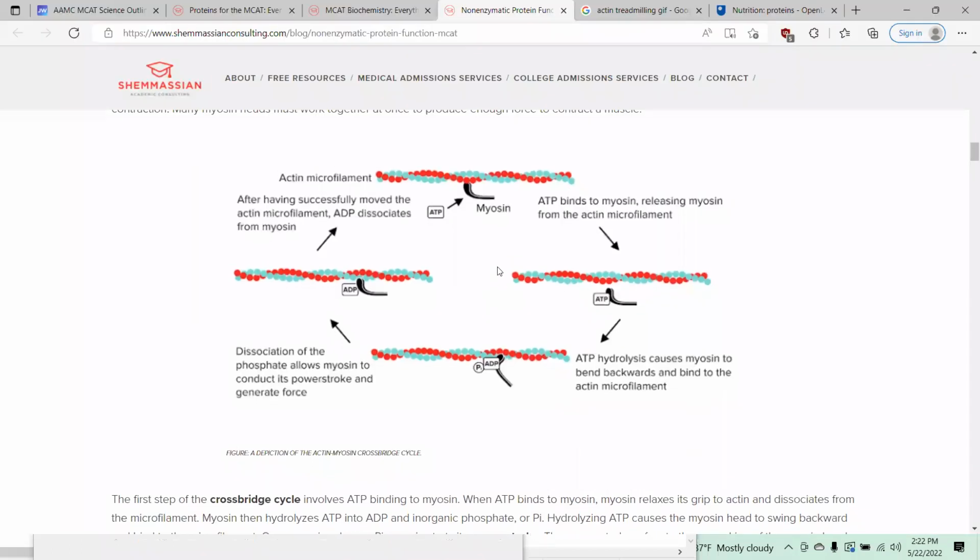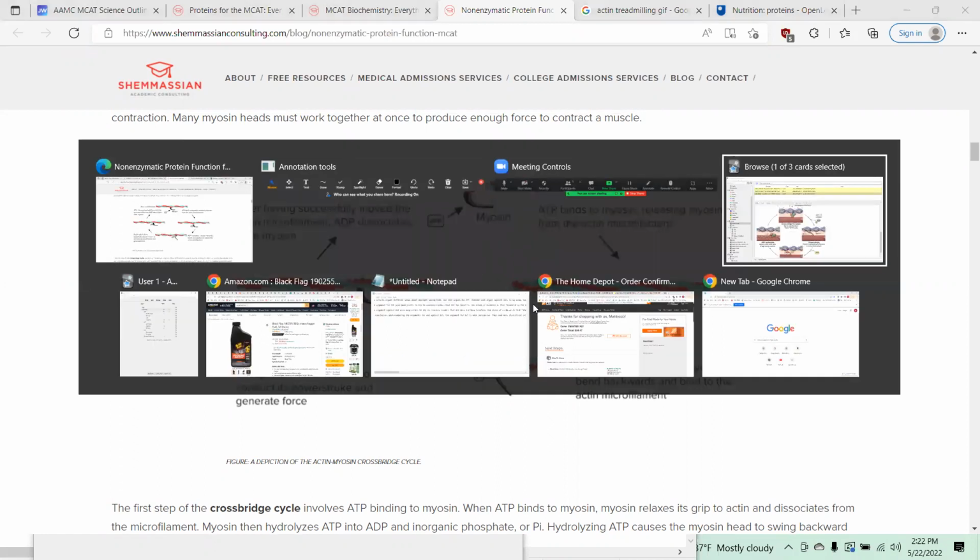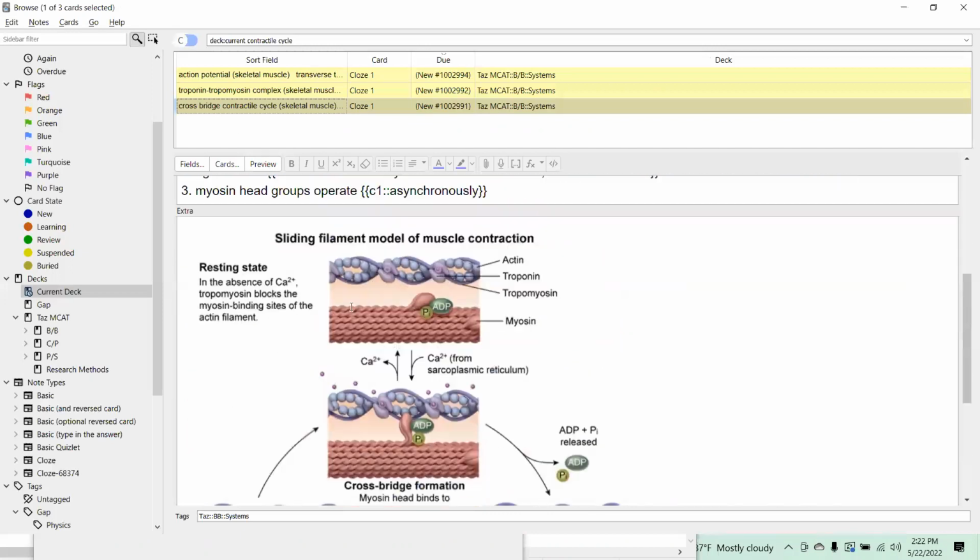So back to here. That's basically what this diagram is showing, the same thing. You can't see the pulling that well here, but overall, the whole thing is getting pulled closer and closer. Let me see if I can find a good picture of the pulling.